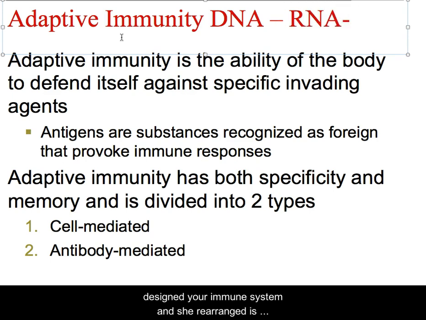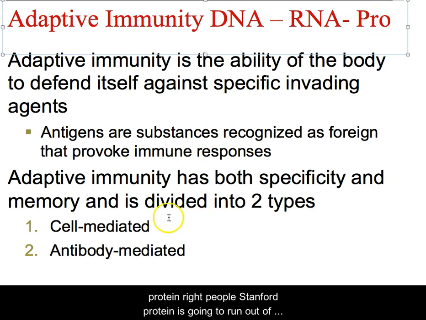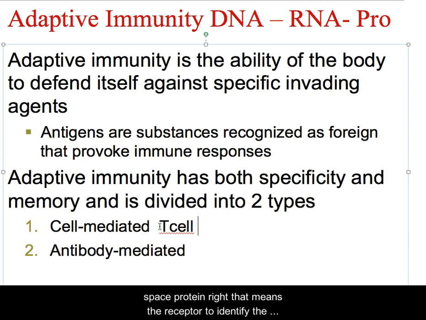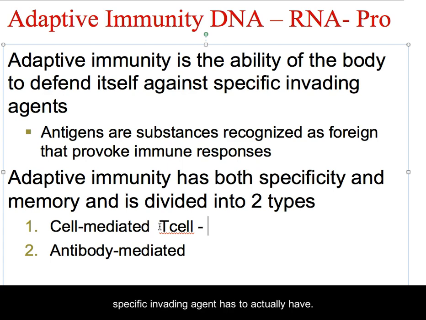P will stand for protein here because we're going to run out of space. And that means the receptor to identify the specific invading agent has to actually have its own genetic information to make that specific receptor. The way to think about this is you have T cells that have unique receptors to any possible pathogen.